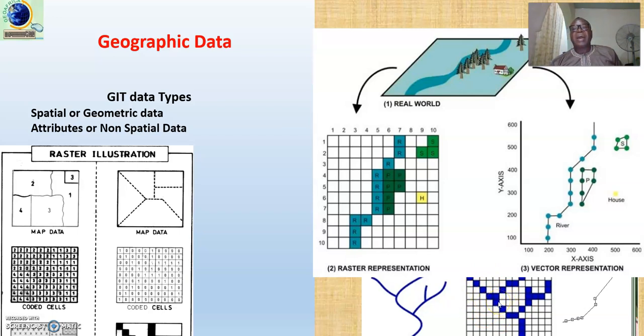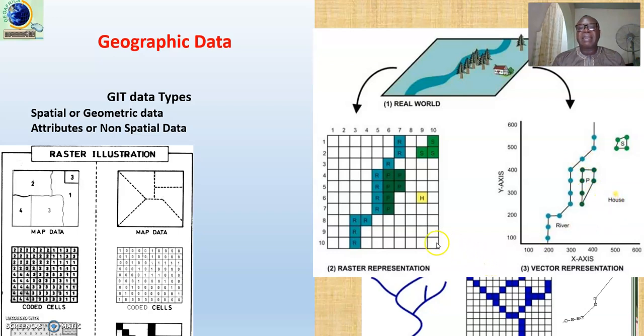So when we are representing this same river channel, it is represented in the vector like this, but in the raster environment it is represented like this. So there are different types of representation. If you are using vector-based GIS software, the river channel will be represented as this.